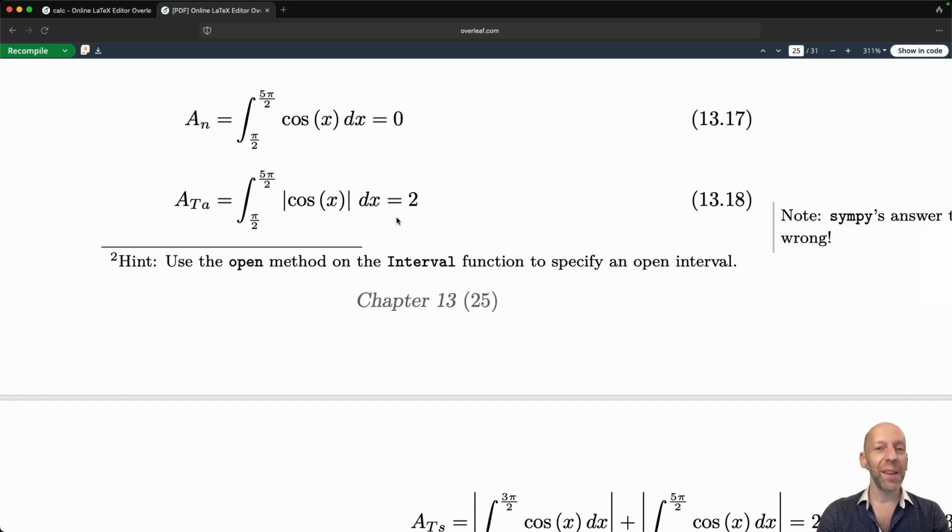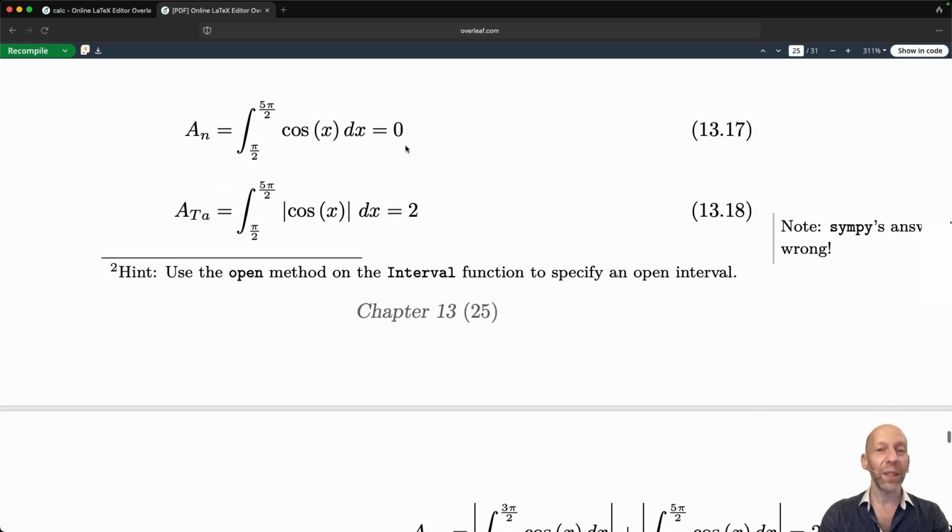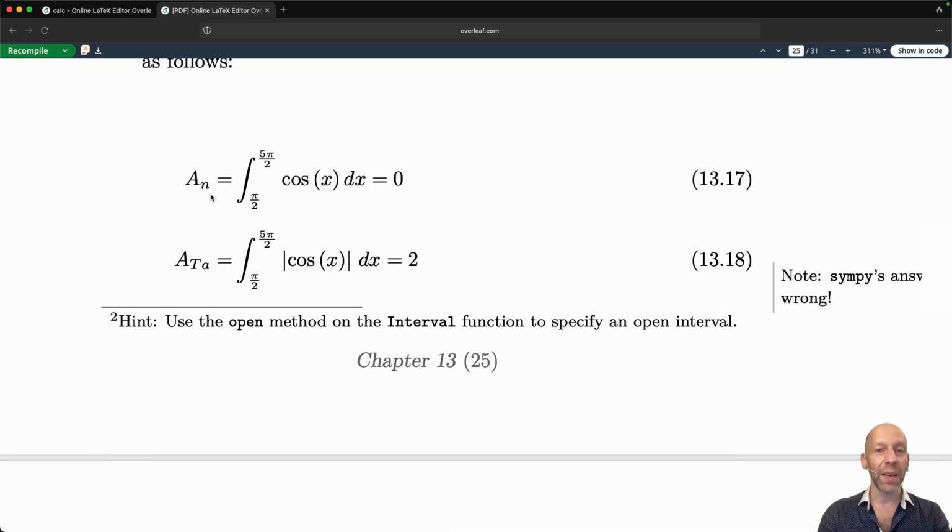Here we are back in the book. And now I'm going to show you basically the third part. The last step of this exercise is to actually calculate these areas, the net area and the two methods of calculating total area. So this part you can use code that you've used before. Basically, it's sim.integrate to calculate net area and total area.